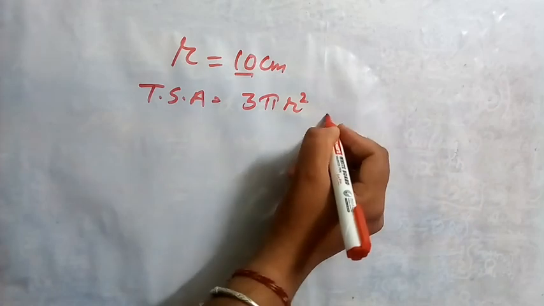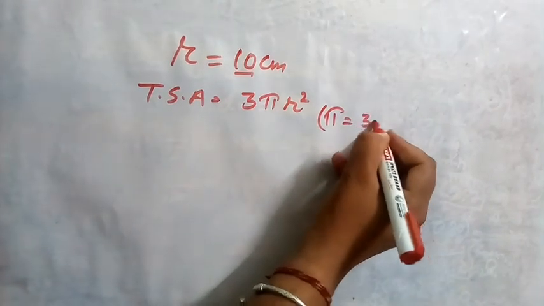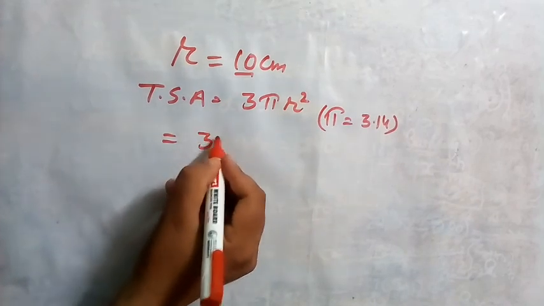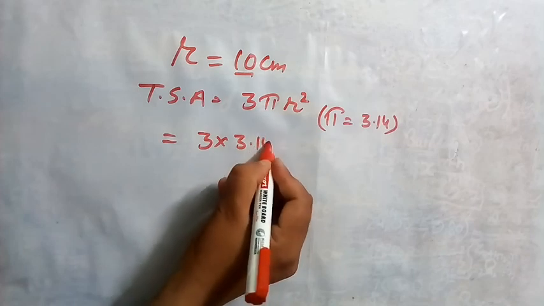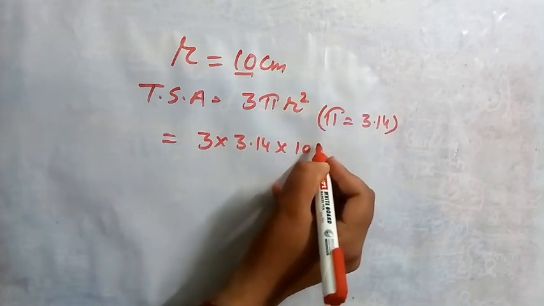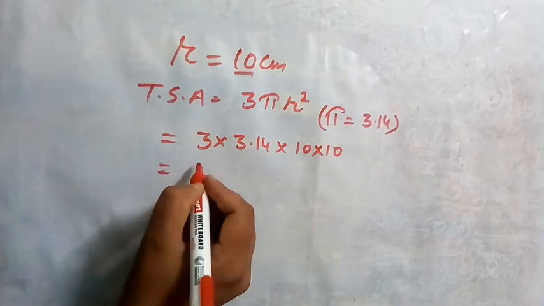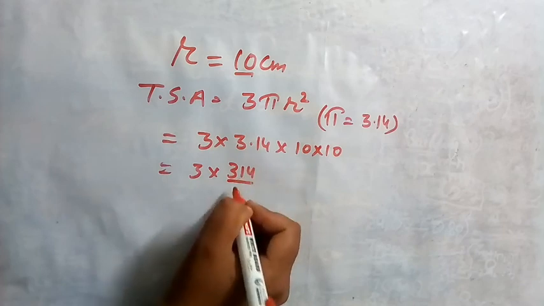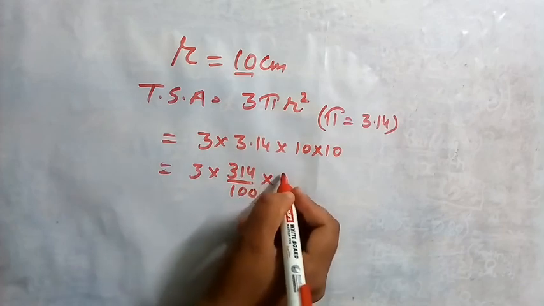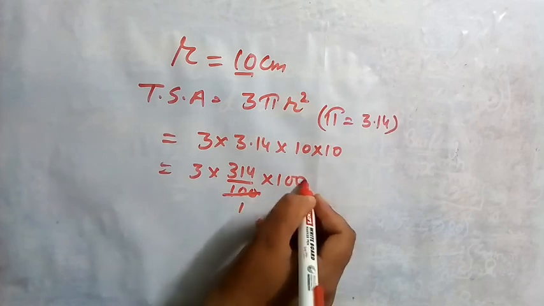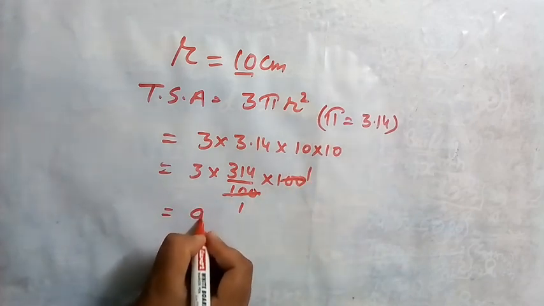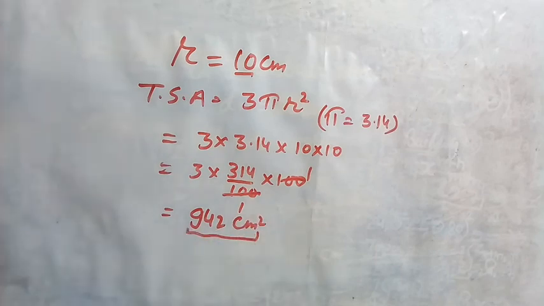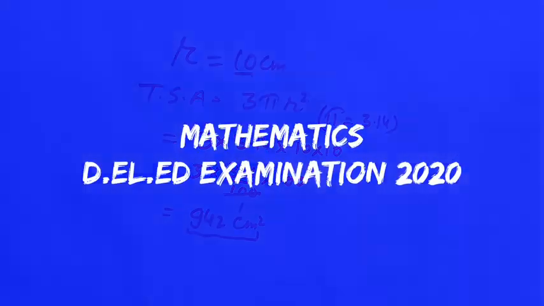So this is equal to, pi is given 3.14, and this will be 3 multiplied by 3.14 multiplied by 10 square, which is 10 into 10. So remove decimal, 314 upon 100 into 10 tens are 100. So 100 ones are 100 and 314 threes are 942 centimeter square is your required area.